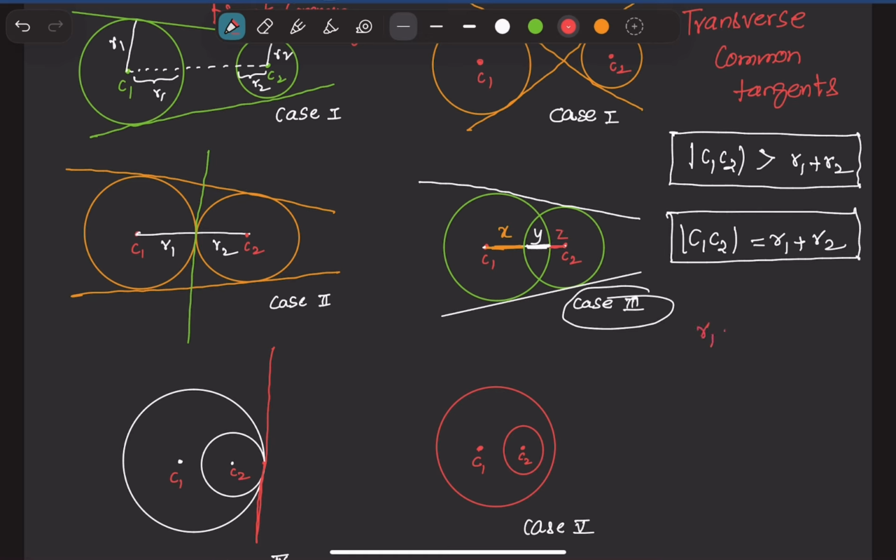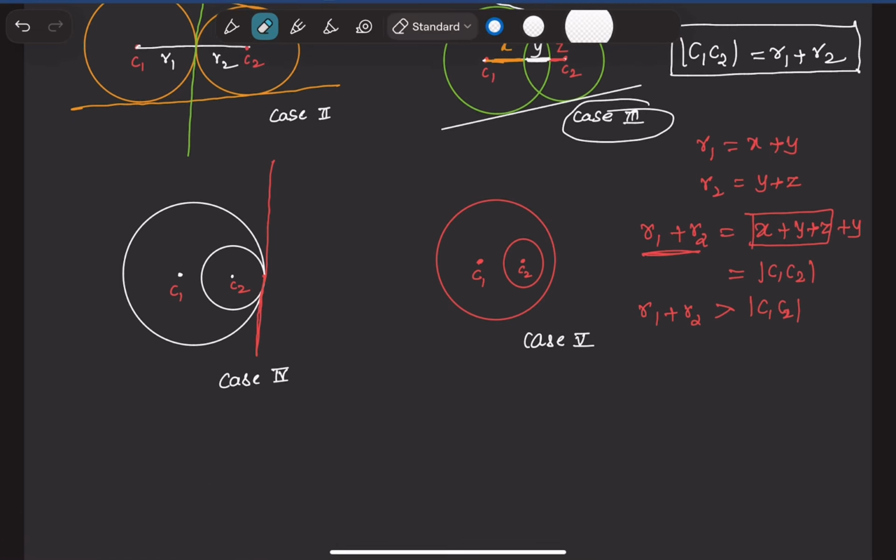Now your R1 is equal to x plus y, and R2, radius of second circle, is simply y plus z. So if you find R1 plus R2, that is x plus y plus z plus y. But x plus y plus z is simply the distance between the centers C1 C2. So your R1 plus R2 is greater than C1 C2, the distance between the centers.